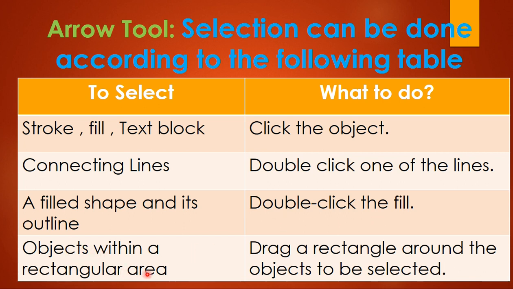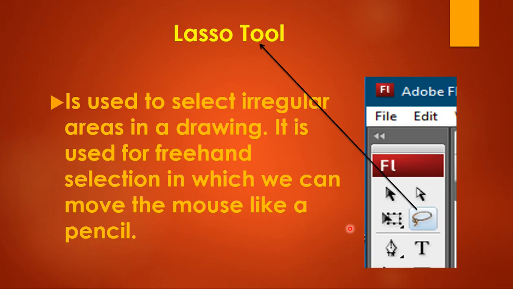For objects within a rectangular area, drag a rectangle around the objects to be selected. I think this is according to the object drawing mode, right? We will see the practical application after this slideshow when we go on the Flash screen.